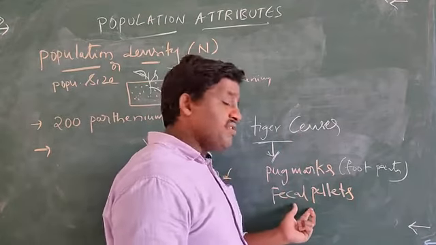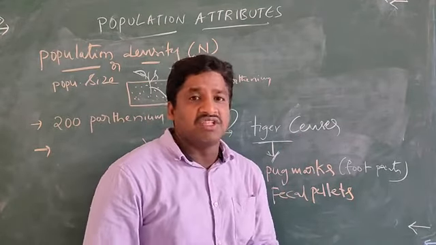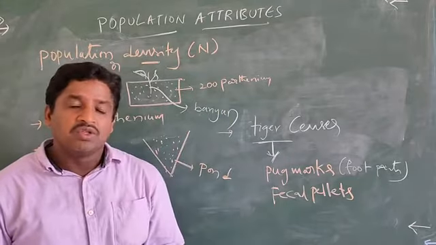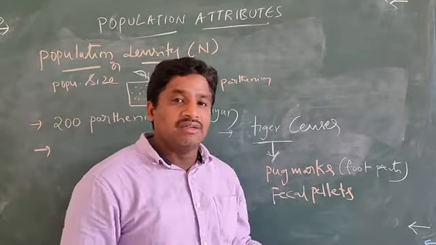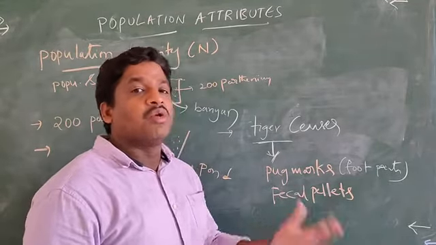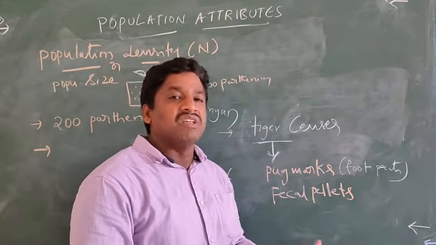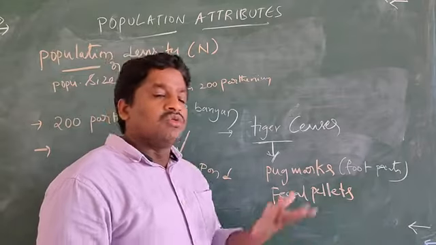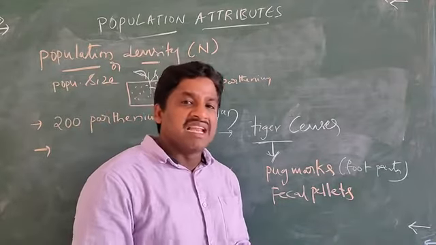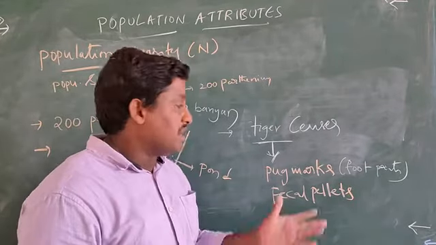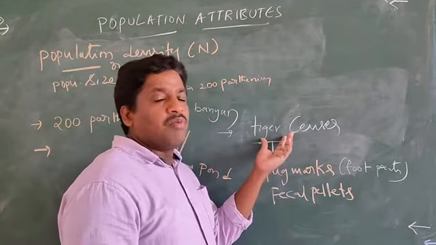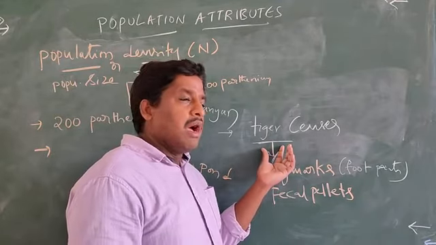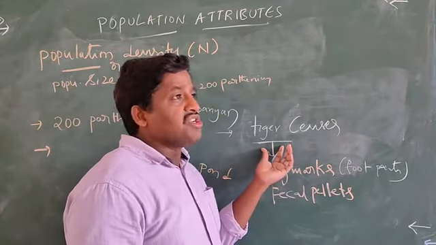Fecal pellets means waste. In the waste, what components are present? Fecal pellets are collected, and based on what components are present, since different animals have different diets, they can find the tiger population, that means the tiger population density.